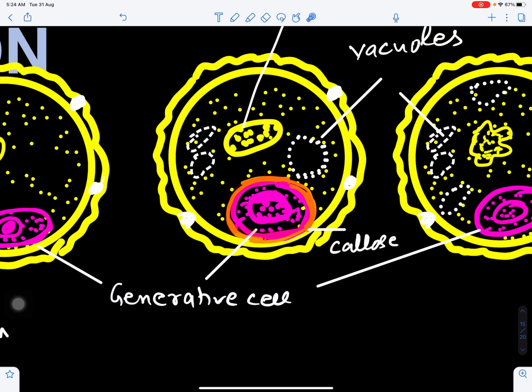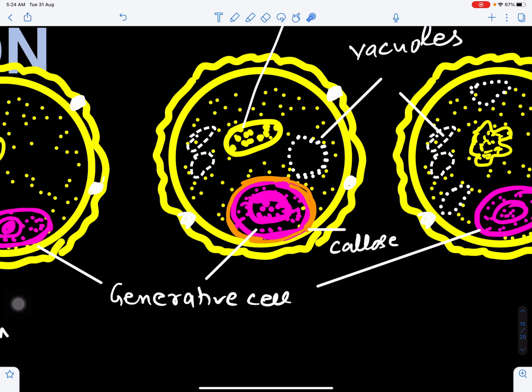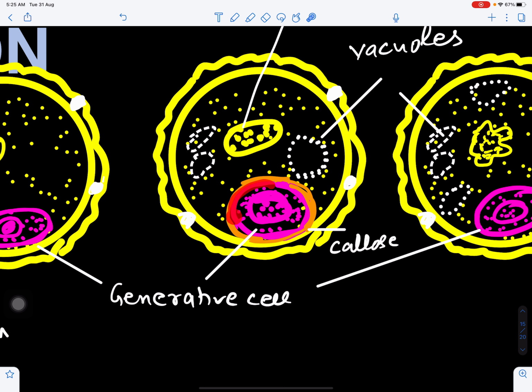Now, callus, we have already discussed what callus is. Callus is a polymerized product of beta 1,3 glucan, glucose units linked with the help of 1,3 glucan linkage, and callus is dissolved with the help of the enzyme callase, right? Here, this generative cell gets separated from the intine wall of the pollen grain by the deposition of the callus wall.